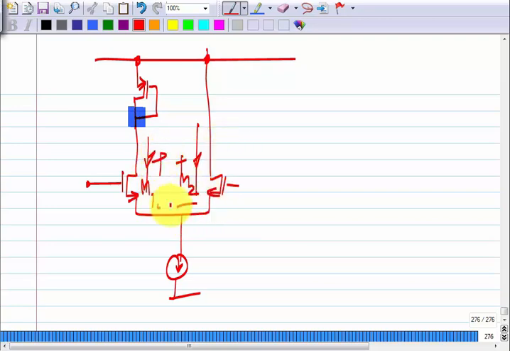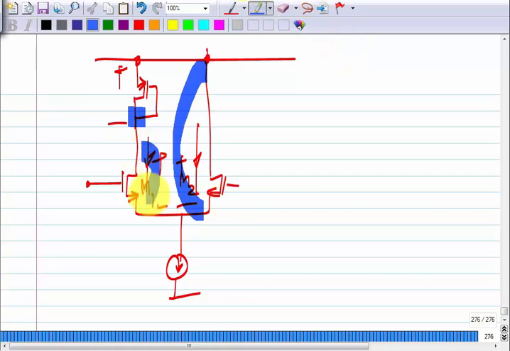VDS2 compared to VDS1. More. Why? Obviously, there will be some voltage here, whatever that voltage is, right. So, the voltage here will be more than the voltage there. So, that is all. Now, VGS is the same, VDS is larger.